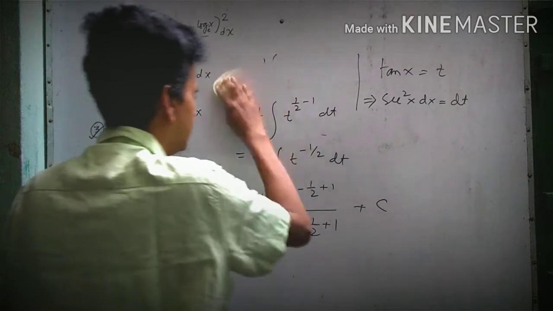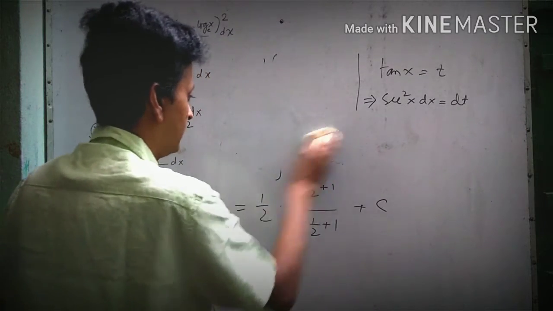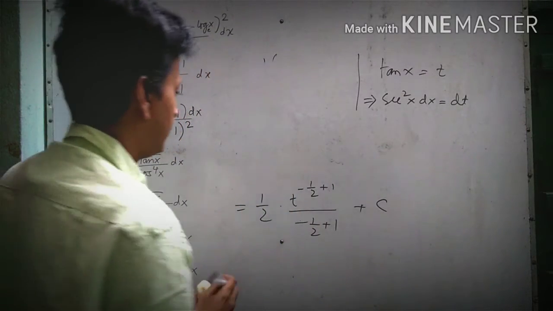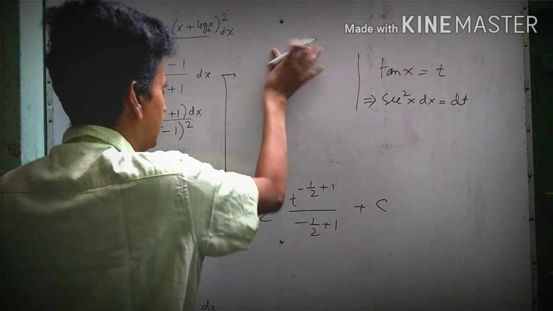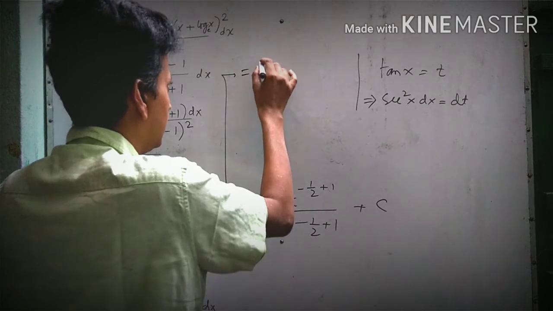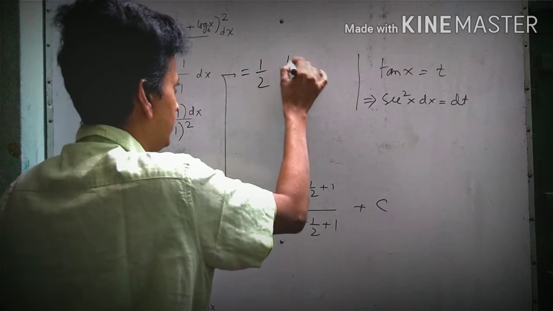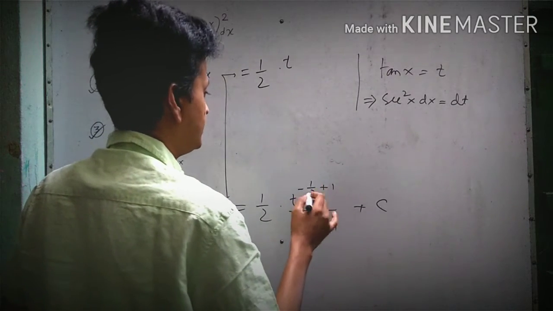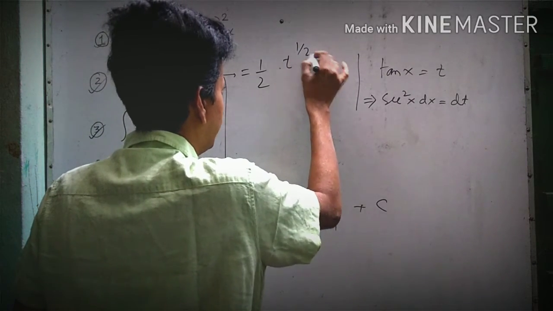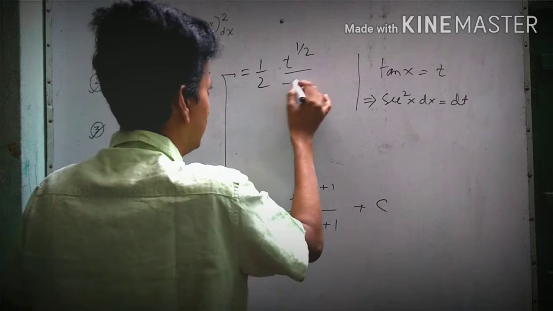So next step is half of t to the power half by minus half.